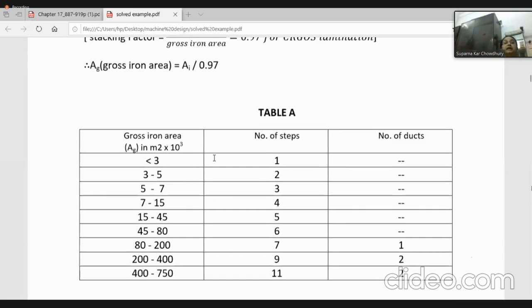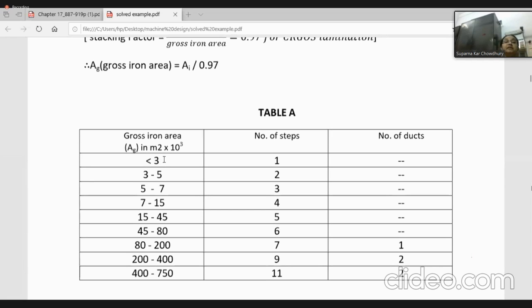So this is a table given, that is, we know that the core will be stepped. Now how many steps you should use? Now that depends on the iron area. Now for a very small transformer, these values are Ag into 10 to the power 3.